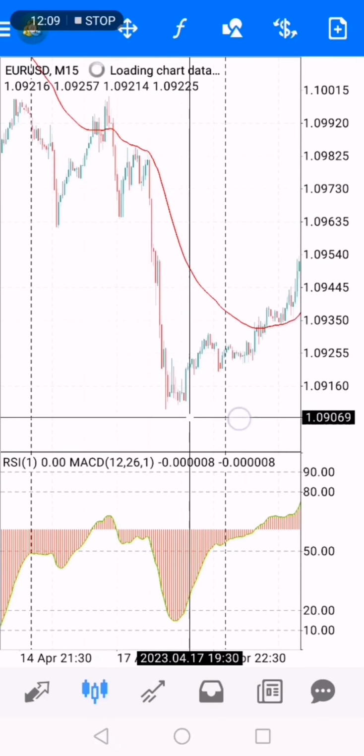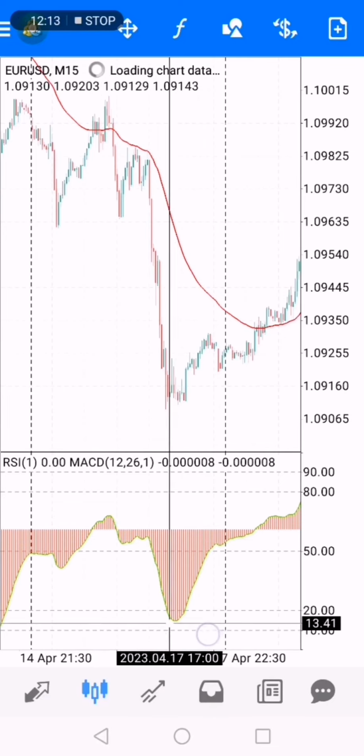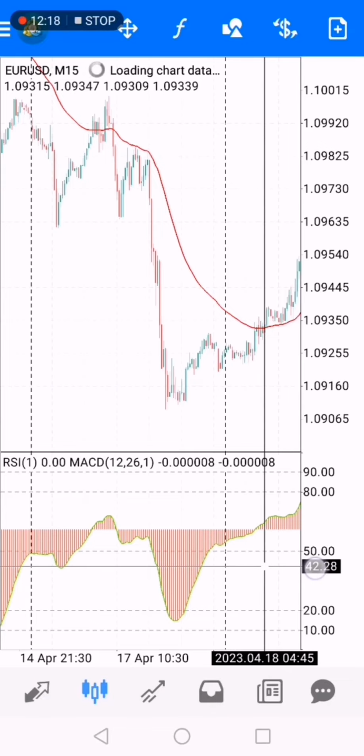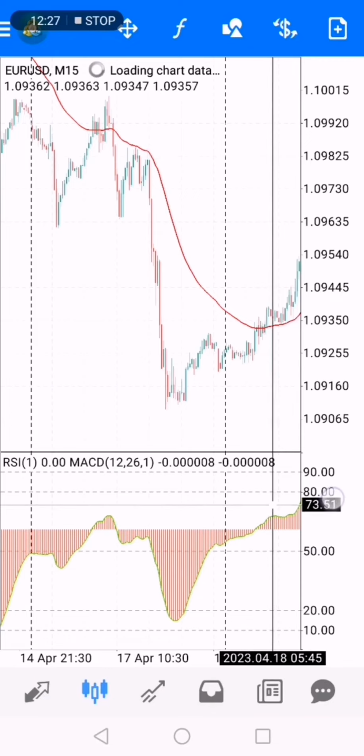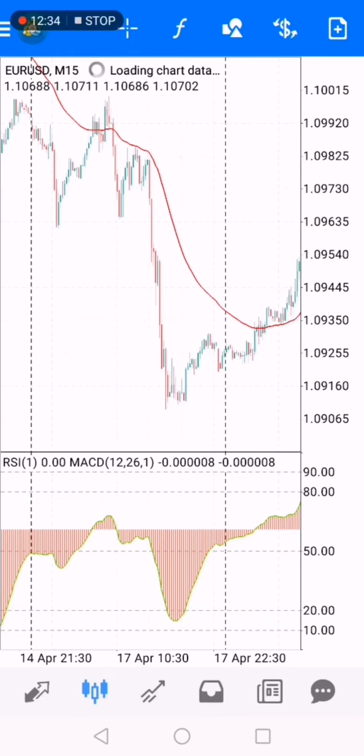Our MACD is within the range 10 to 20 here, and we have to wait for the market to cross to be above the moving average in our main chart. As you can see, it had already crossed the 50 level, which means that we're going to take our profit on level 80. So this is basically the strategy, and you can do it on basically any pair.